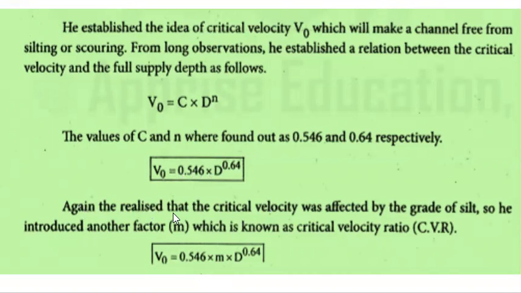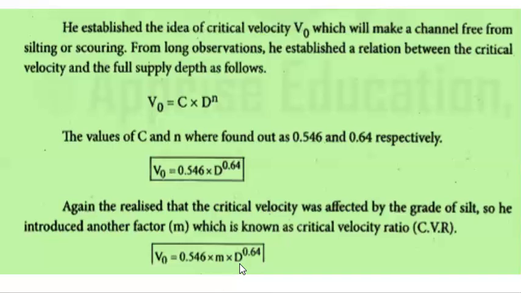And again, they realized that the critical velocity was affected by the grade of silt. So they introduced another factor M, which is known as the critical velocity ratio, CVR. So here V0 is equal to 0.546 into M into D power 0.64.